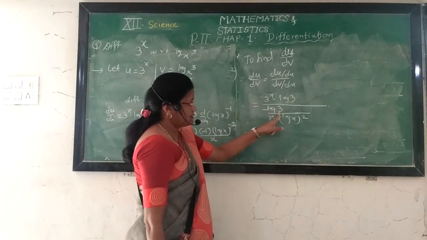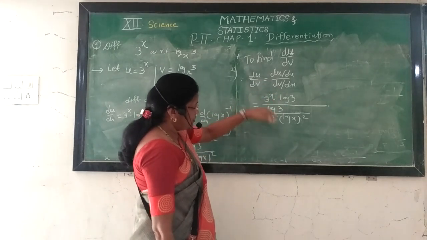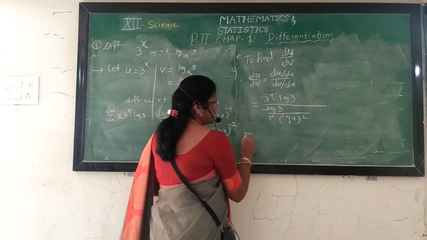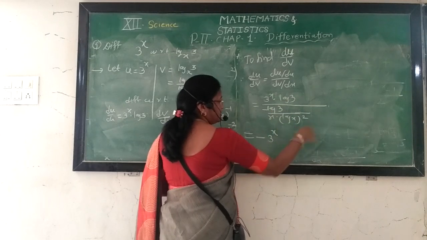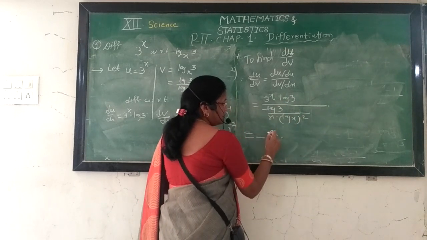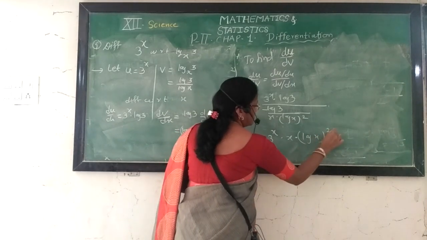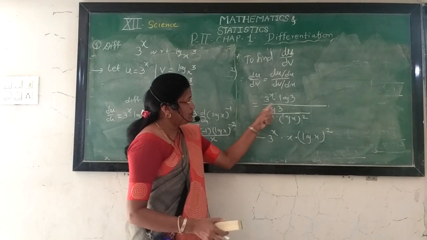This log 3 is cancelled, and the denominator of the function is x log x bracket square, which can be reverse multiplied. So we get minus 3 raised to x, and this is cancelled out, giving minus 3 raised to x into x log x bracket square. Remember how you simplify these.